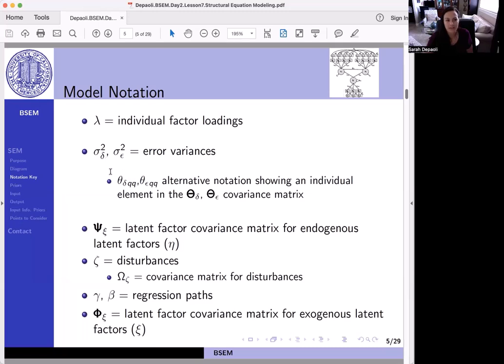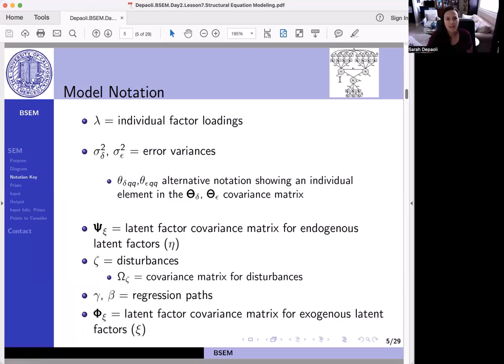2 pieces of notation. Next, we have the latent factor covariances called psi, and that is in a covariance matrix. We don't have these covariances in our model, but they still can exist, and we actually saw them in the CFA lesson. Then we have disturbances called zeta, which can be linked through a covariance matrix, which we call omega, if we had such a thing.